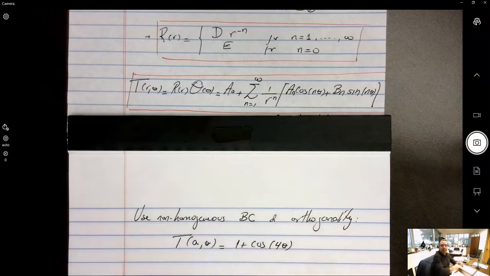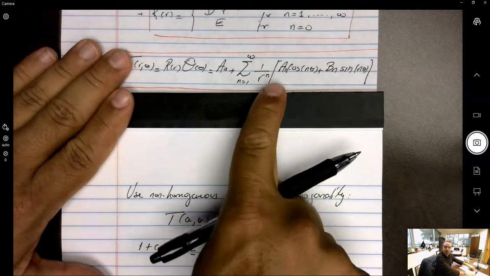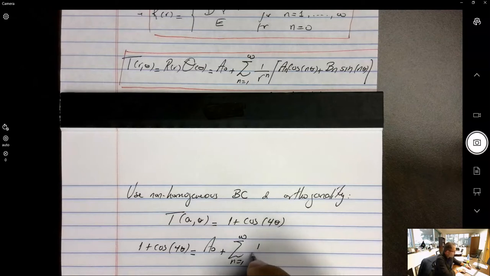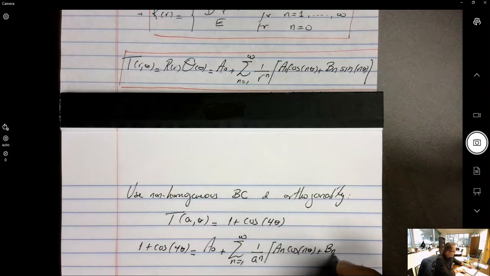That's what the temperature is around the periphery of that circle, on that hole. So that means that 1 plus the cosine of 4 theta should be equal to, if we plug that into the general solution, a0 plus the summation from n equal 1 to infinity of 1 over a to the n, a_n cosine of n theta plus b_n sine of n theta.